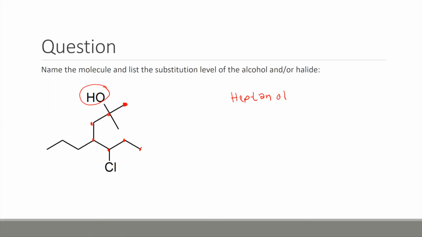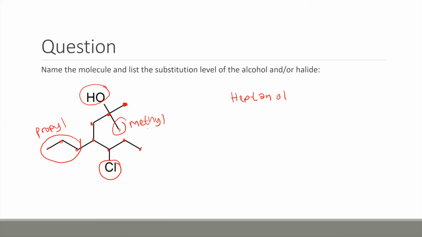Okay, other groups that are attached here. We have a chlorine. We have this group here, which is 3 in length, so this is a propyl. And we also have this group here, which is a methyl.